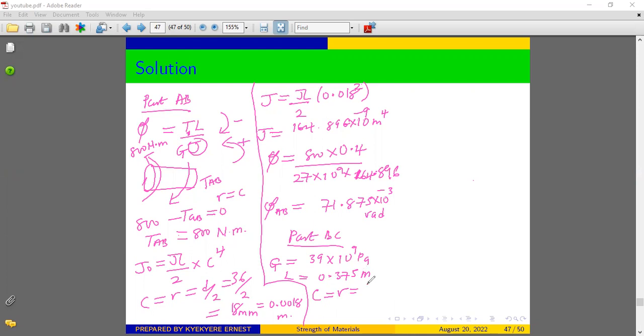If the diameter is 60, then the radius is 60 over 2, which is 30 millimeters, and we change to meters, so R will be equal to 0.003.